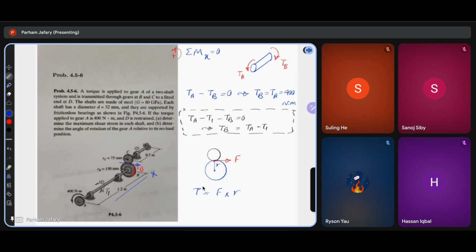So if I have two meshed gears, let's say this one is B and this one is C, I can write that TB is equal to F times RB and TC is equal to F times RC. Right? Therefore, I can relate these two together because the two F's are equal.